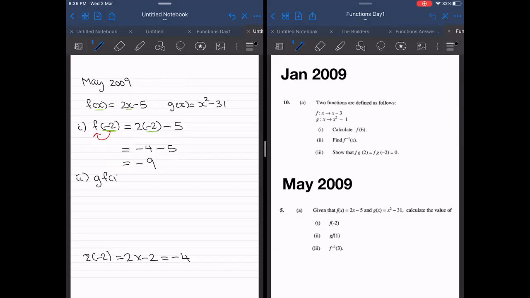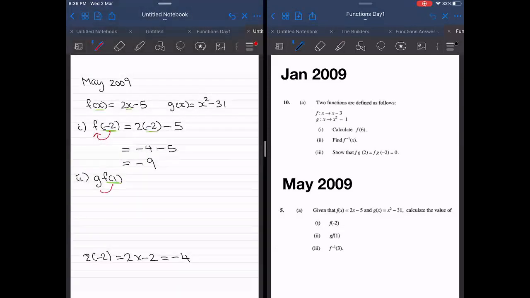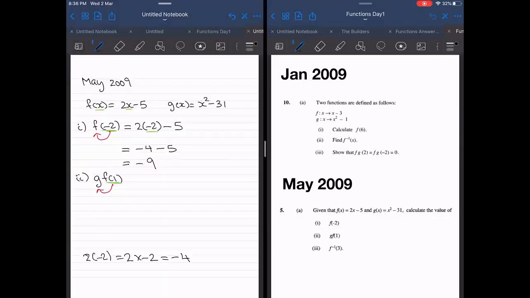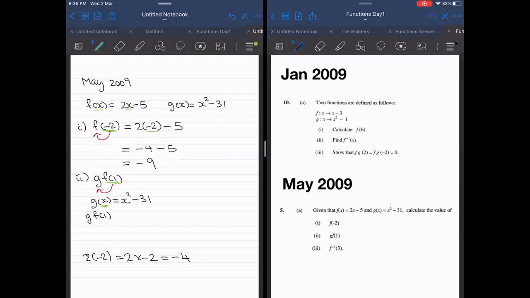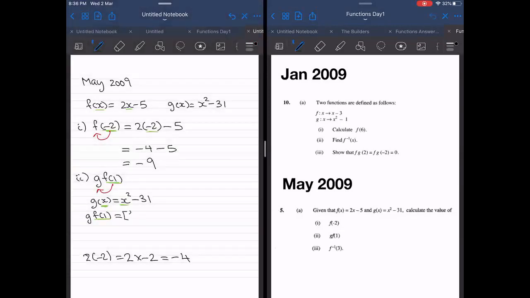Okay, the next one, g of f of 1. All right, so it means we're going to put f of 1 into g. So if g of x is x squared minus 31, g of f of 1 means wherever I see x, I need to put f of 1.